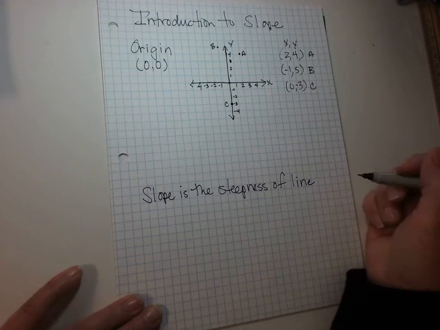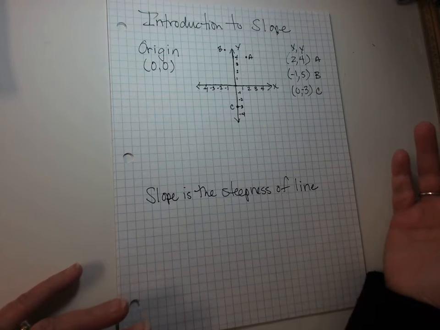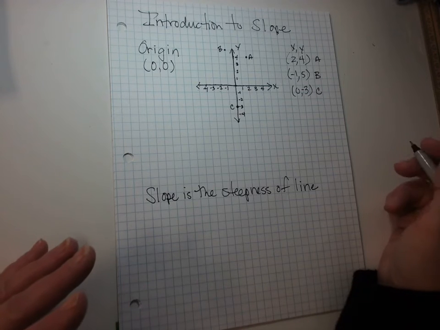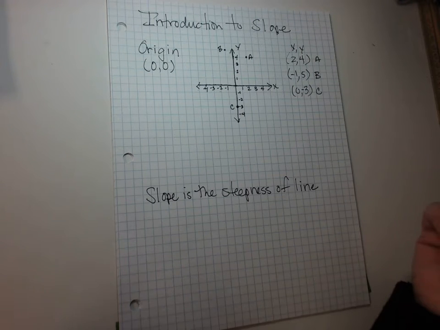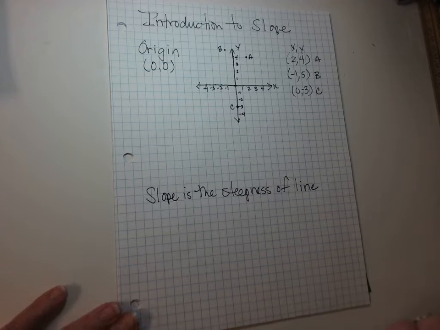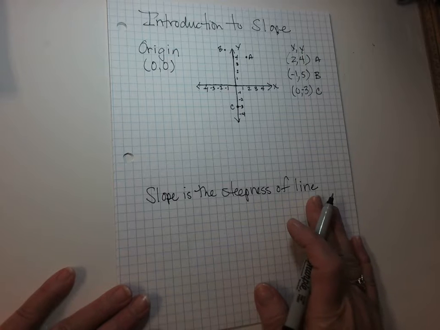But it could be the steepness of a ramp, or maybe we want to see how much we improved on something over time in our EOG scores. We might see what the slope is of that line that's spiking up because we've done so great. Then slope is the steepness of the line.